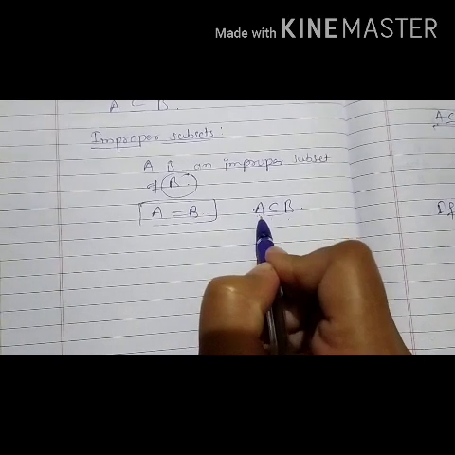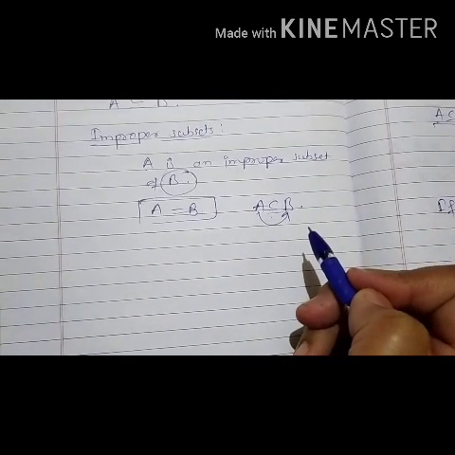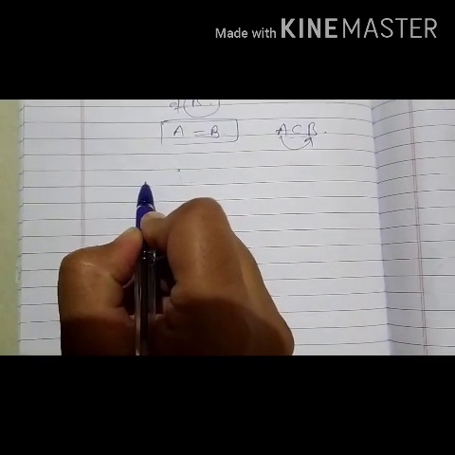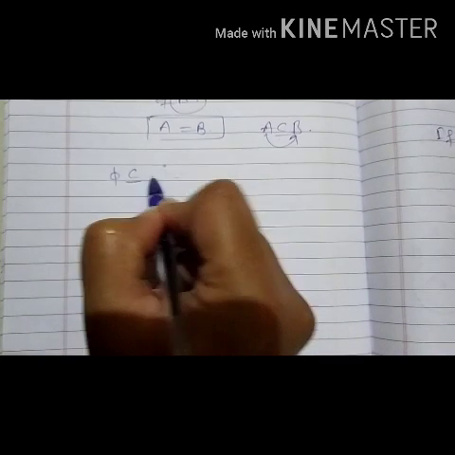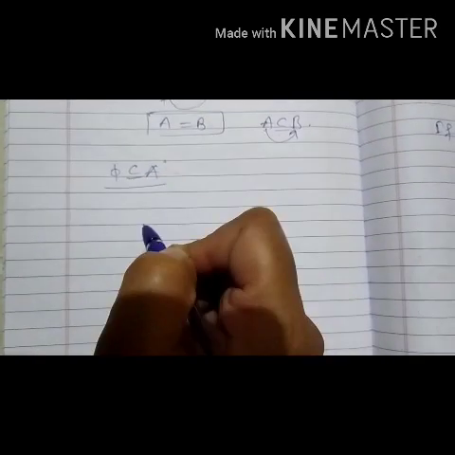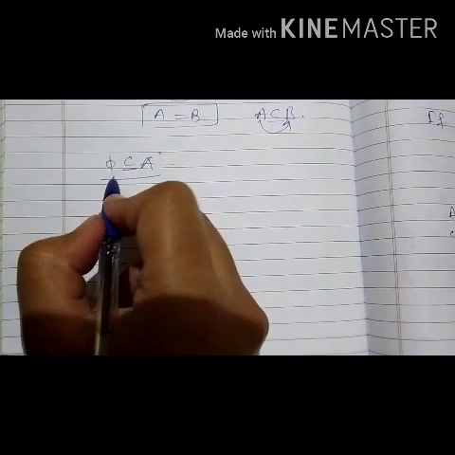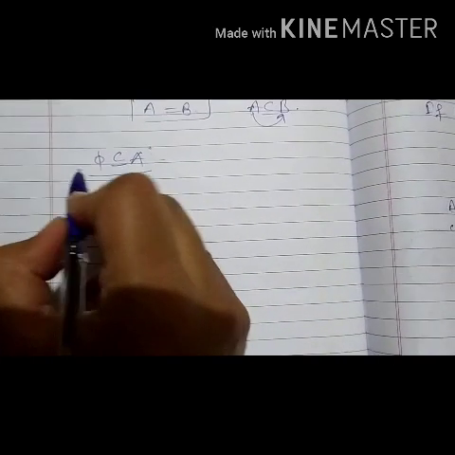That means A contains all elements from the original set B. Understood? So we have empty set is a proper subset of any given nonempty set A. Understood?